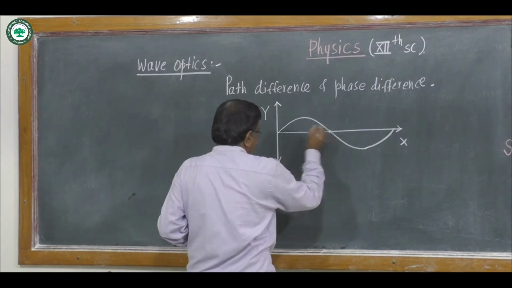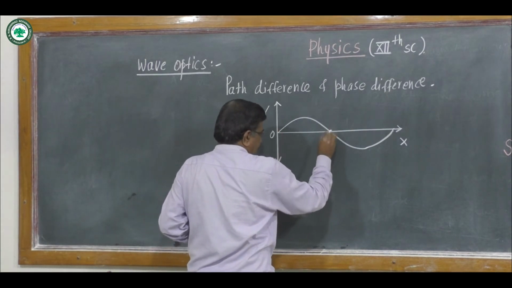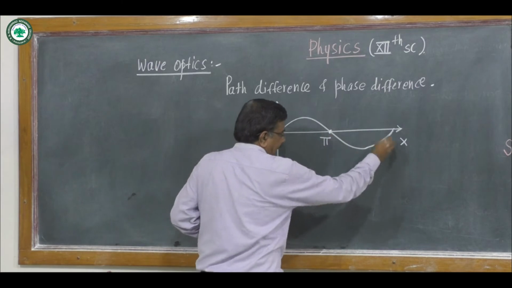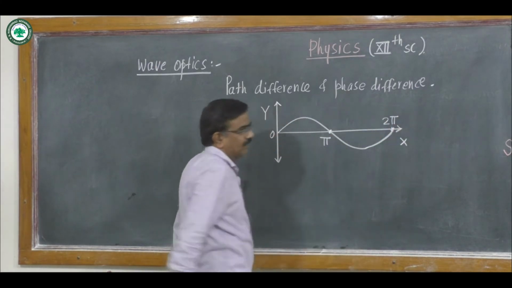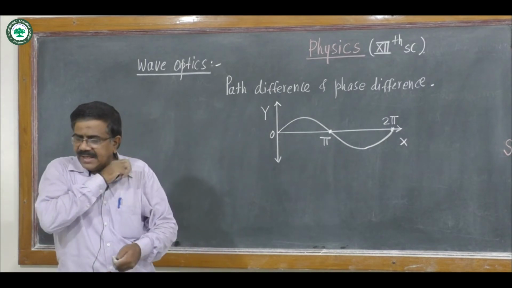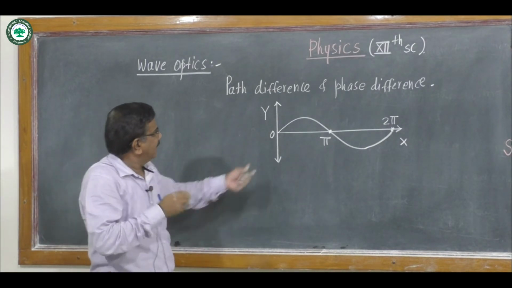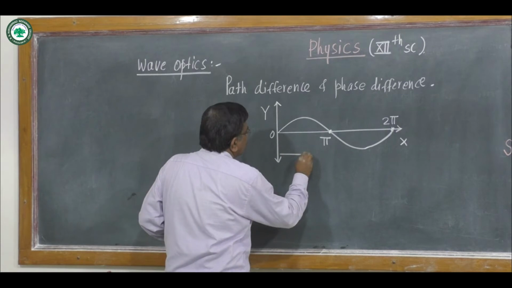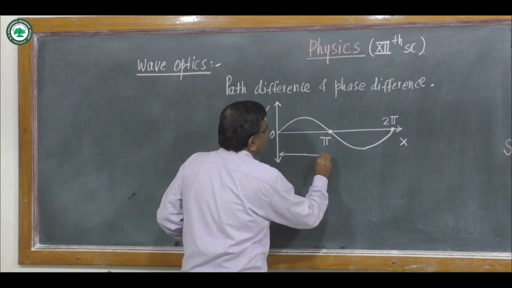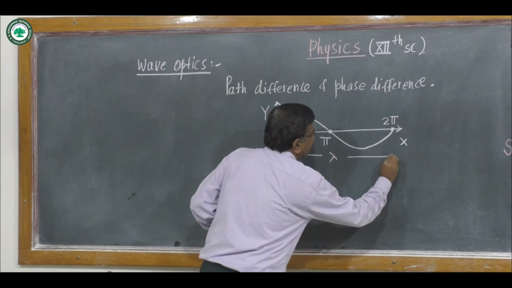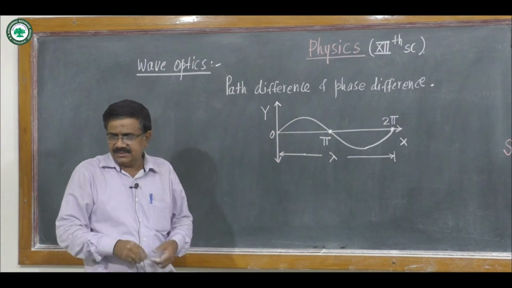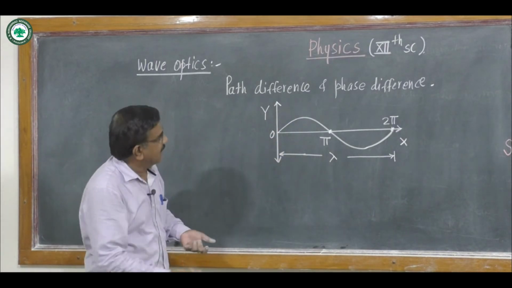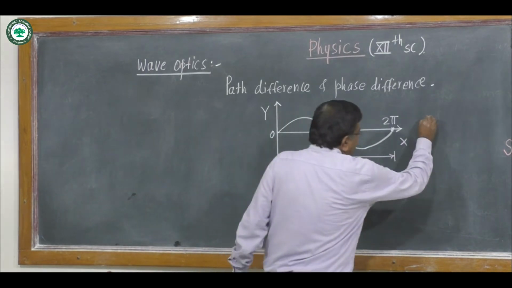Phase angle is here 0, here pi, here phase angle is 2 pi, we know. 0, pi, 2 pi, and this distance we know is lambda, that is the wavelength. In case of wave, the distance we call it as a path.